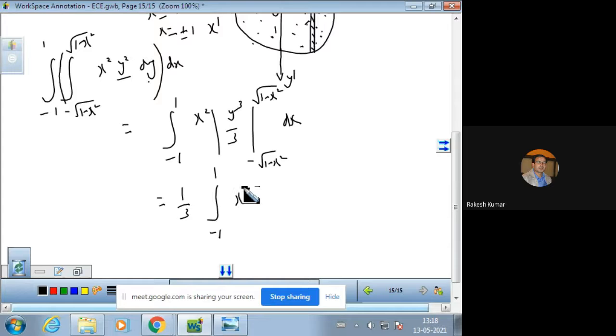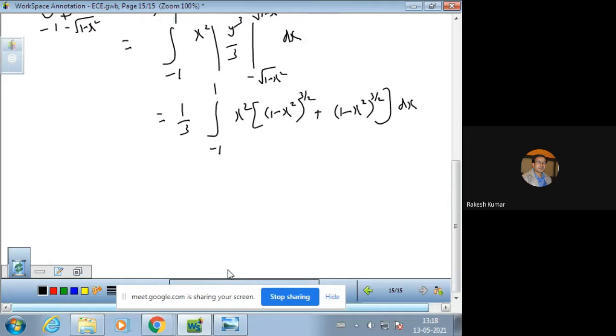This is a constant. Put the upper limit, you will have 1 minus x square raised to power 3 by 2 plus 1 minus x square raised to power 3 by 2. Because these are the same term, that becomes 2 times the integral from minus 1 to 1 of x square into 1 minus x square raised to power 3 by 2 dx.